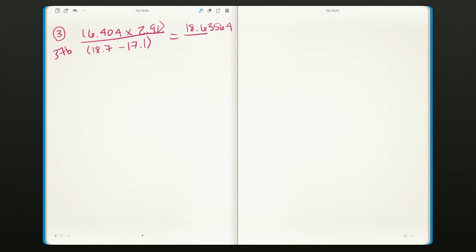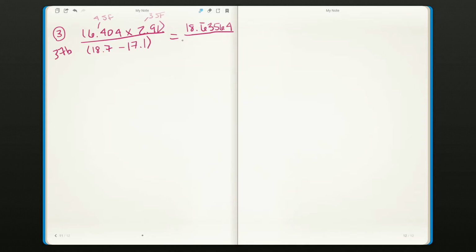Okay, now one thing we need to do is look at this number up here and determine how many significant figures this result should have based on our calculation in the numerator. So 6.404 has 4 sig figs, and 2.91 has 3. So our answer should have 3. So we're going to mark this 6 because that's how many significant figures the top result would have.